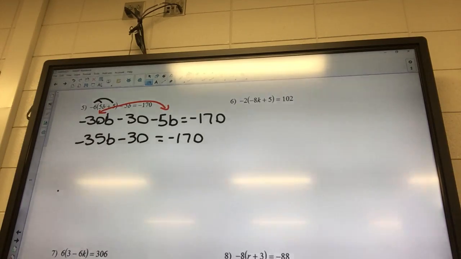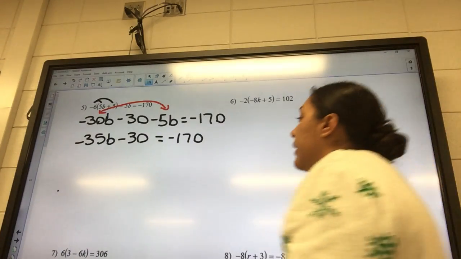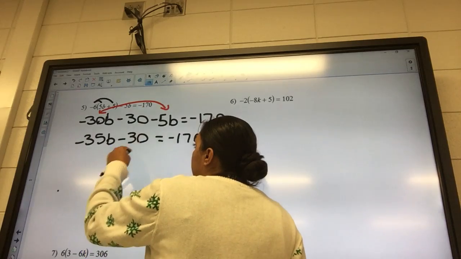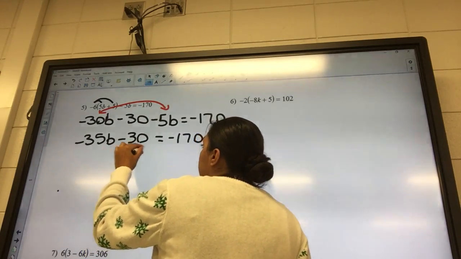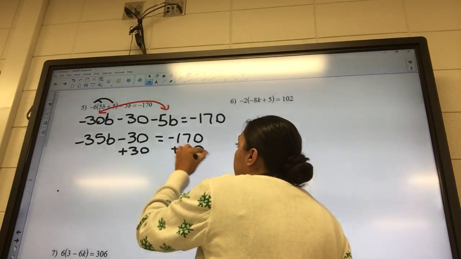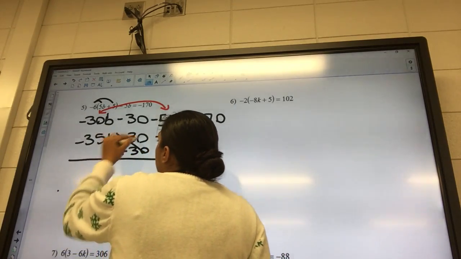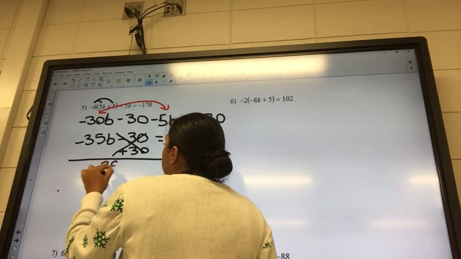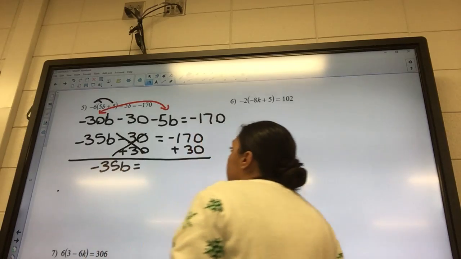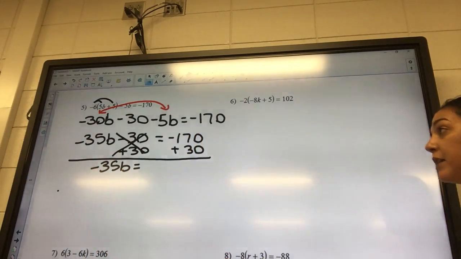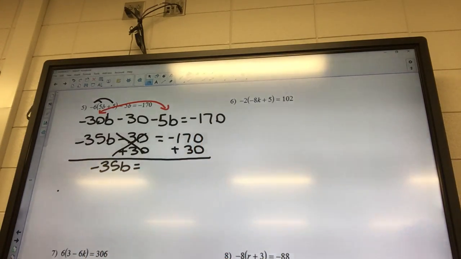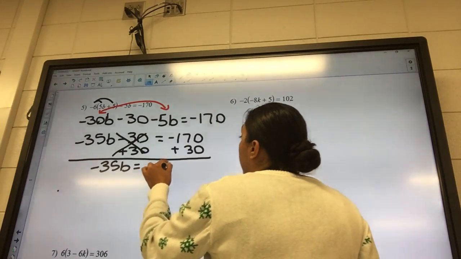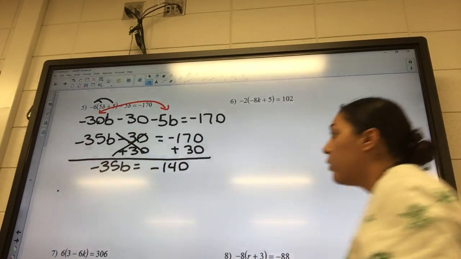Step 3 says add or subtract the kid. In this case, it's going to be the 30. So I'm going to say plus 30, plus 30. So minus 35b equals negative 170 plus 30, which is minus 140.